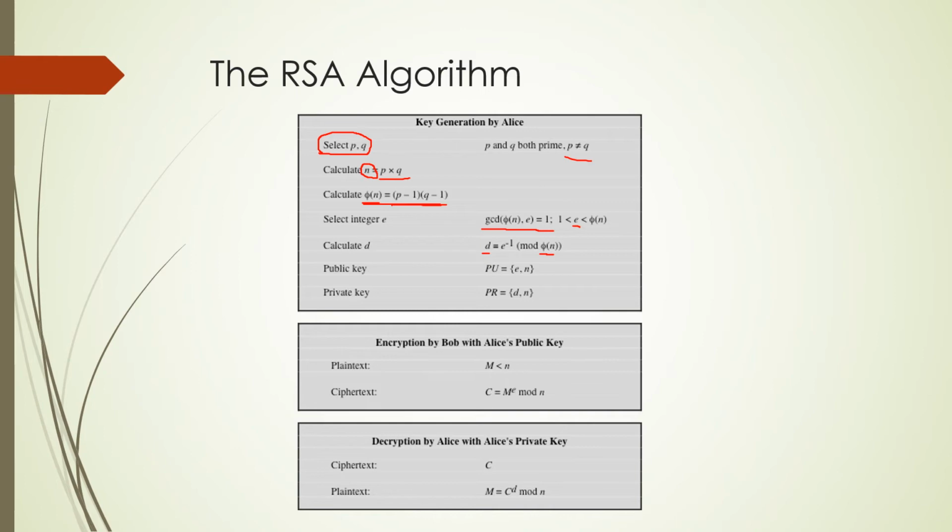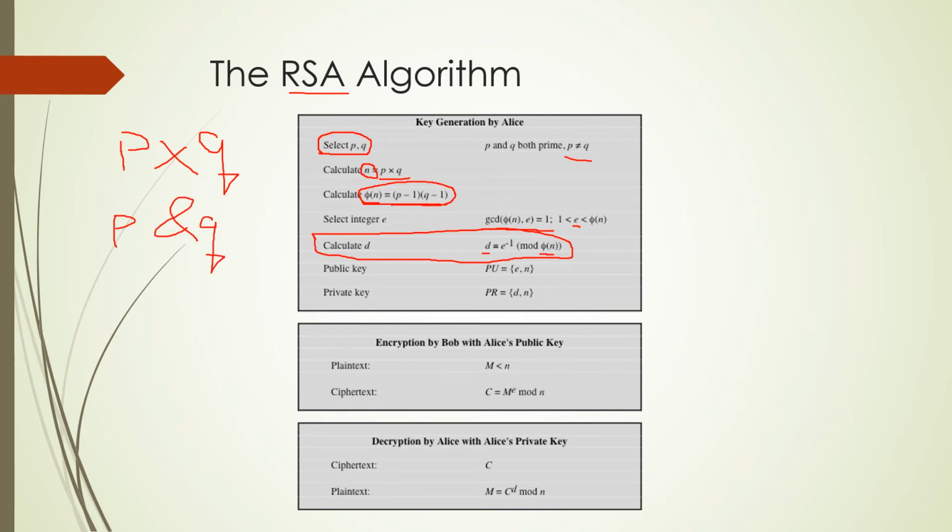So this calculation is impossible if you don't know the totient function of n, or you don't know phi of n. In order to calculate phi of n, you need to know the P and Q. So the beauty of the RSA algorithm is this: everybody knows what P times Q is, but only the key generator, which is Alice, knows the values of P and Q.